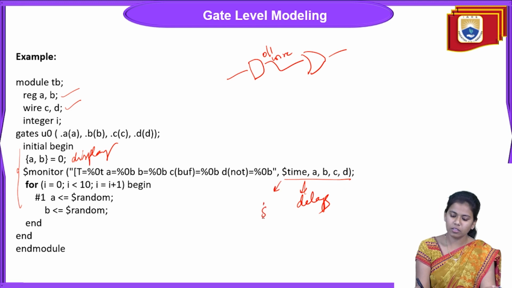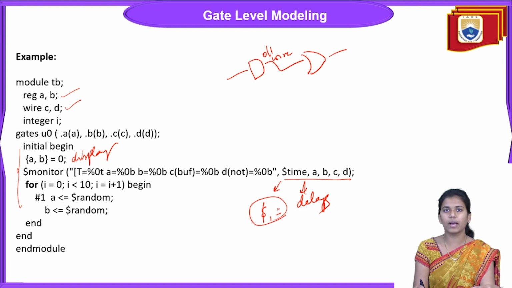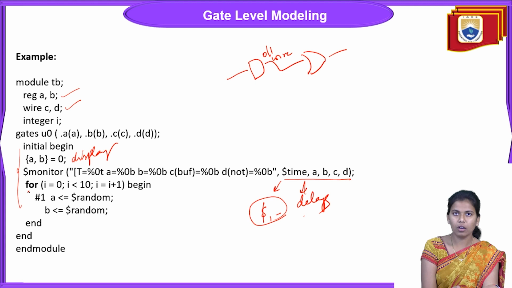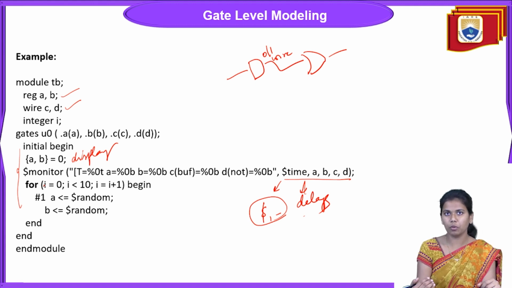And here the dollar sign and somewhere you will see the underscore. Dollar and underscore are keywords, they are primitives. They have some specifications. We have already discussed this in the previous sessions. This will come across when you are writing a program or syntax in terms of TestBench. And delays, A, B, C, D, time is nothing but the delay. And for, I told you, for is a keyword and while is also a keyword.